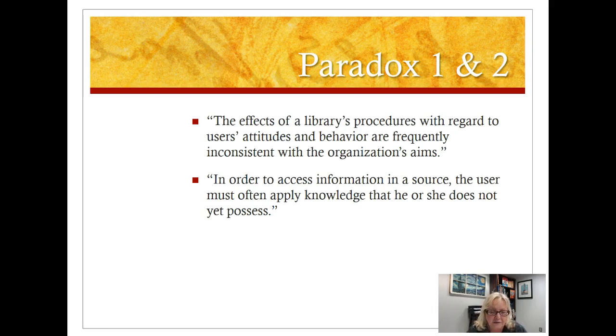So you might have to start a search with simple vocabulary, maybe go to Wikipedia, because as you saw from comparing Wikipedia and other encyclopedias, sometimes it's a good place to start, and it gives you maybe too much information, but maybe what you need in order to expand your vocabulary. Also, they must apply knowledge in terms of using databases that they may not possess.